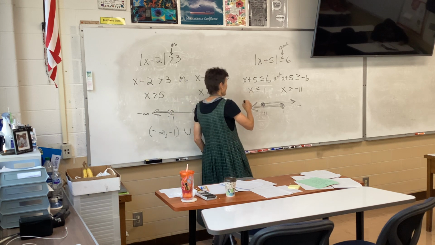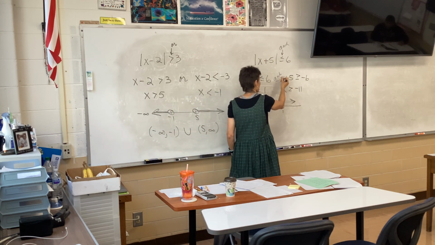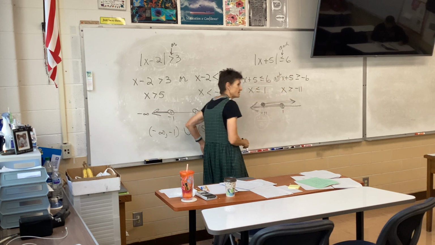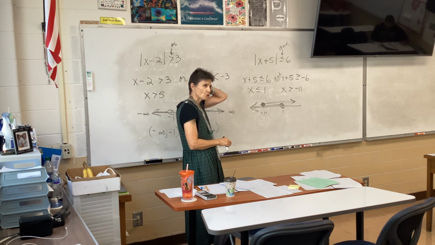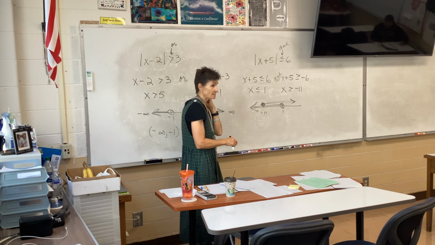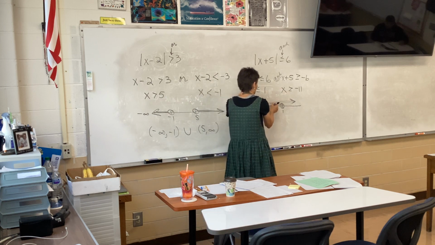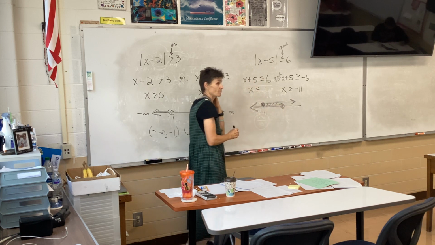Now my answer has to be both of these. That's what that less than means, that and. That means it has to be both of these. So where is my answer if it has to be both of those shadings? Isn't it in between? Right there? Where they overlap?